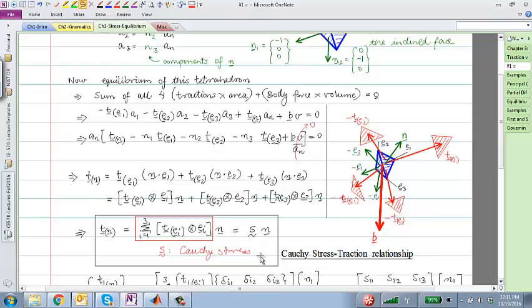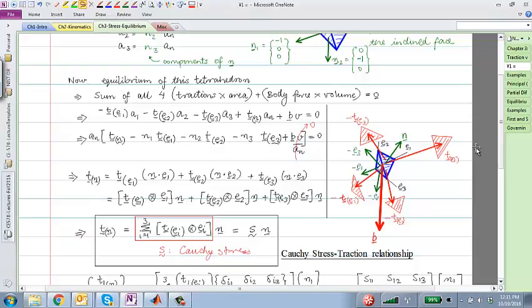Another way to interpret this is that S, the Cauchy stress, is a tensor. A tensor acting on a vector gives me a vector, right? So the stress tensor acts on a normal vector to give me the traction vector.